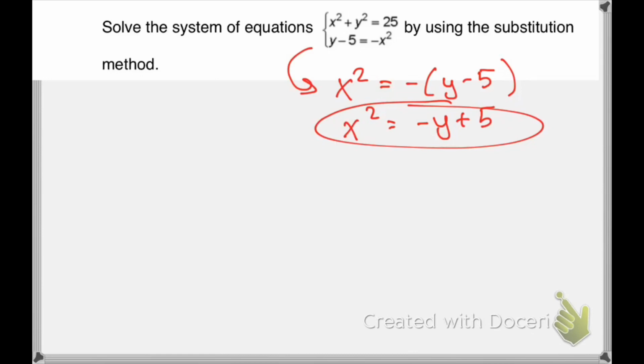So now we're going to take this equation here, and we're going to substitute this part in for this x squared right there. Since x squared is equal to negative y plus 5, I can directly substitute negative y plus 5 into this x squared.